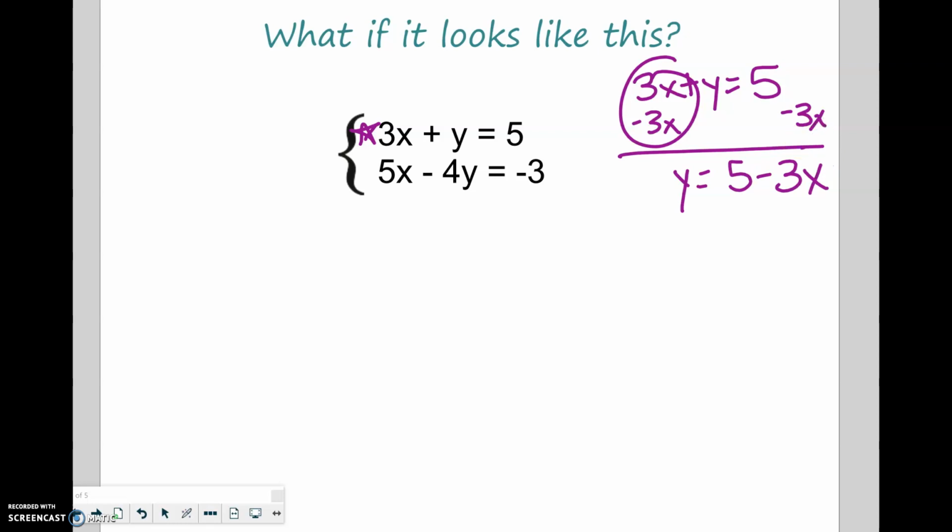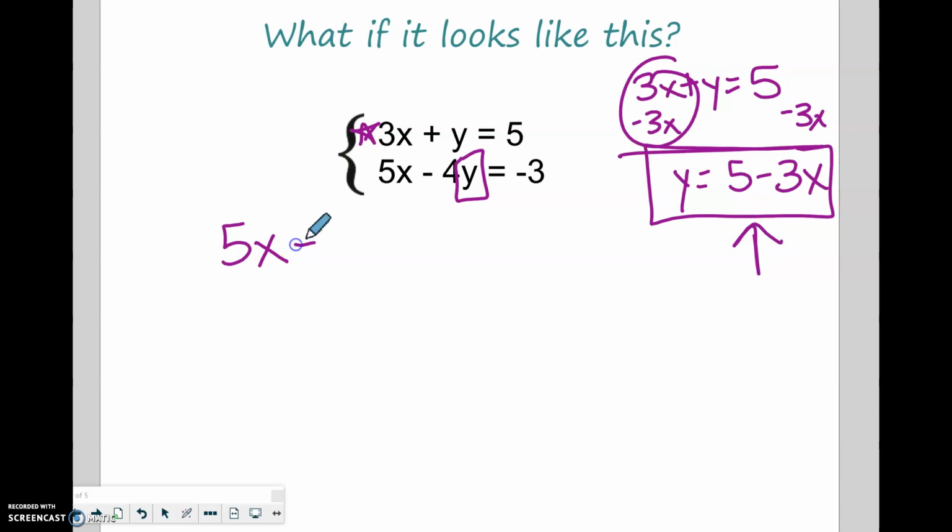And now see how what I have here is now equal to y. So I know that y is equal to 5 minus 3x, and now I can use the substitution strategy.